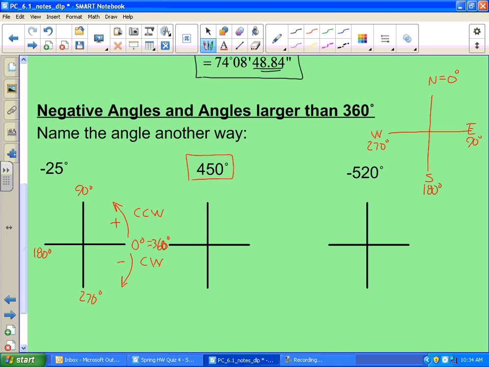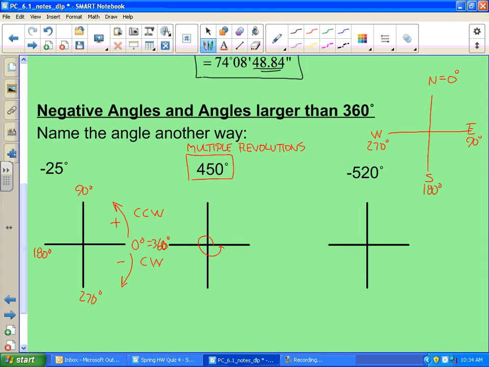What did we do? We overlapped. We went around in multiple revolutions. So 450 would start at 0 and go around to 360, one rotation.